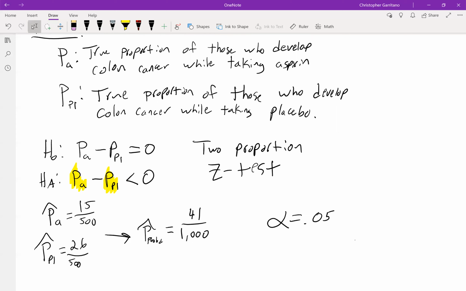Now that, of course, could just be sampling variability. So we must continue. Just because P hat A is less than P hat PL, we have not proven anything. We must see if this is a significant difference.